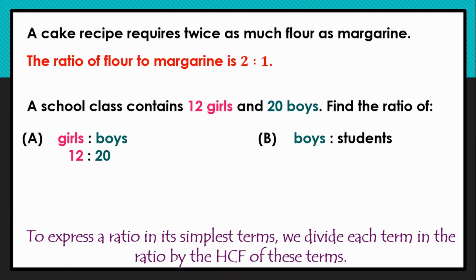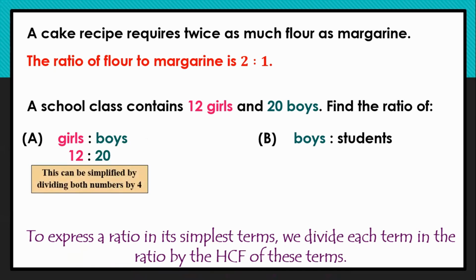What is the highest common factor of these two numbers? We can divide both numbers by 4. So 12 divided by 4 is 3, and 20 divided by 4 is 5. So the ratio of girls to boys in its simplest form is 3 to 5.